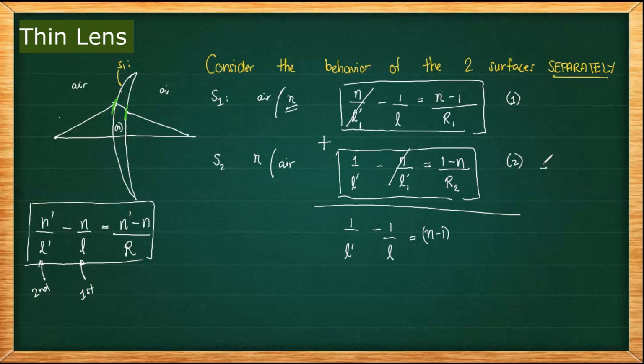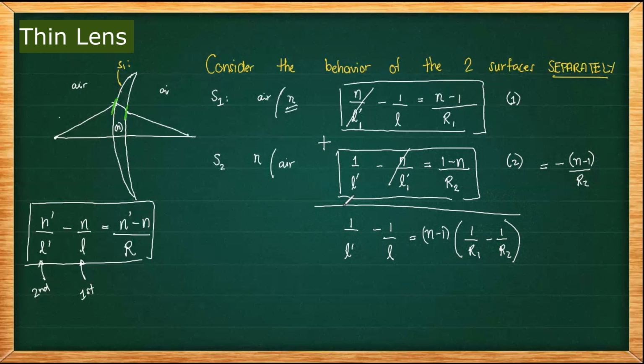So we can equate that to n minus 1 over R2. That way, we can rewrite the right-hand side of the sum as 1 over R1 minus 1 over R2. And this is the lens maker's equation.